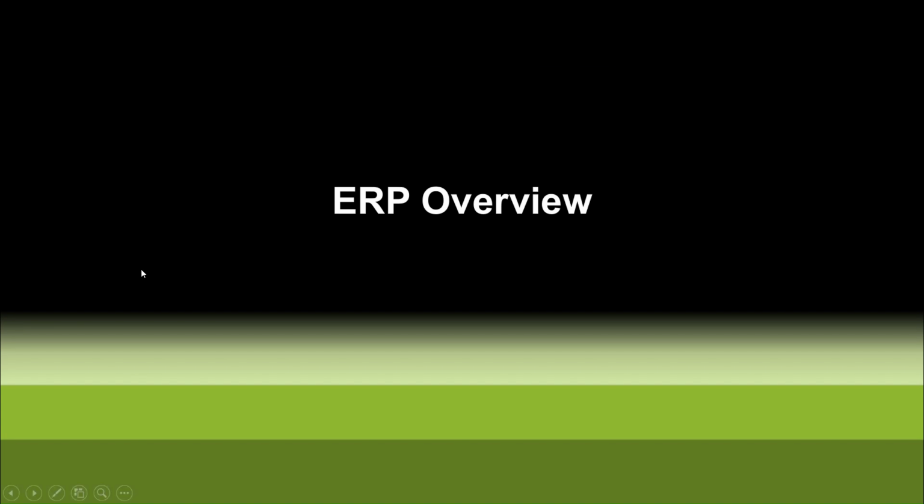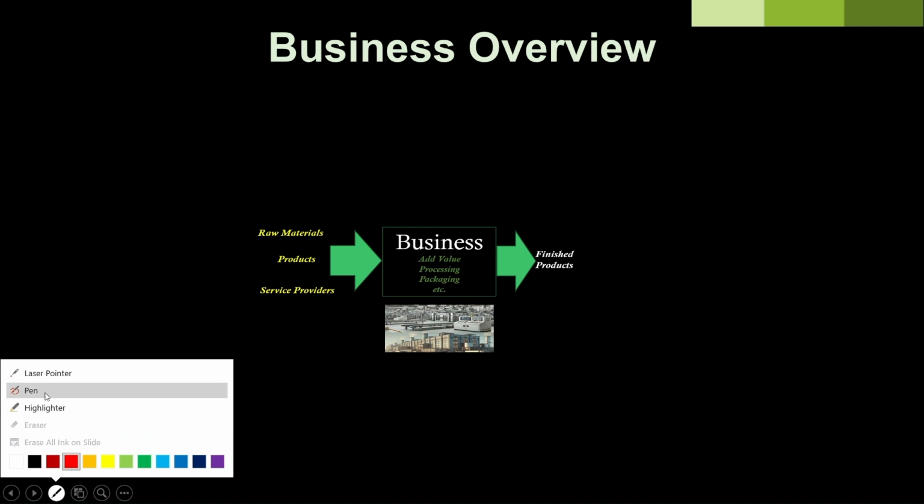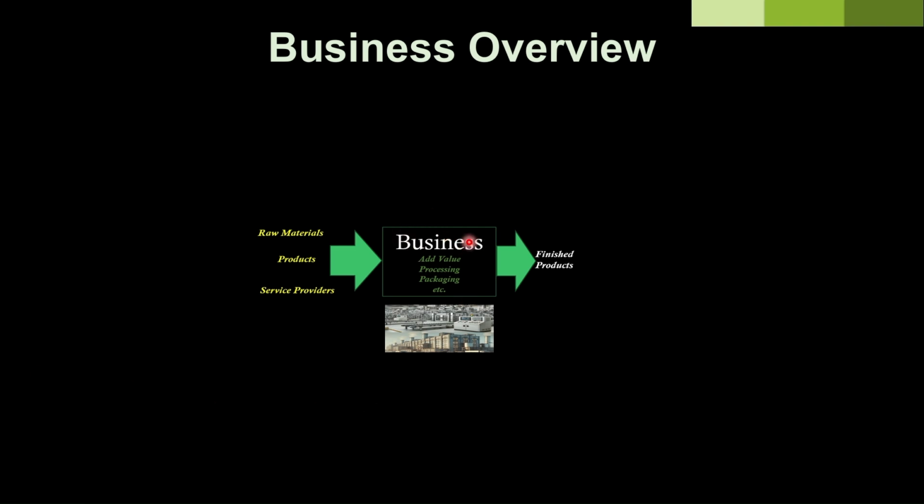So what is a business? The business is basically an entity that takes some input, applies some processing steps to those input materials, and generates finished products as output.